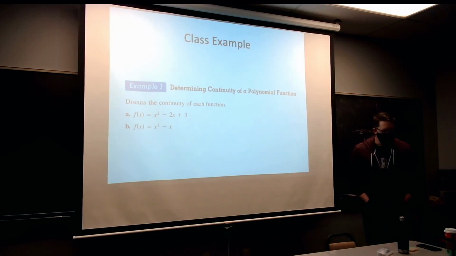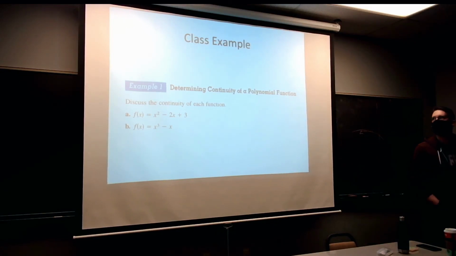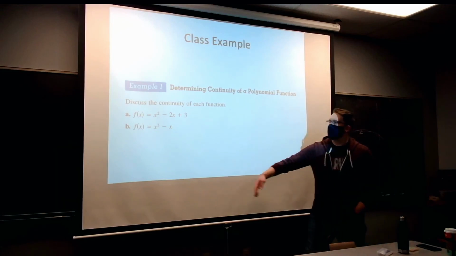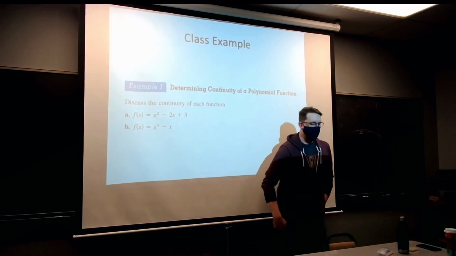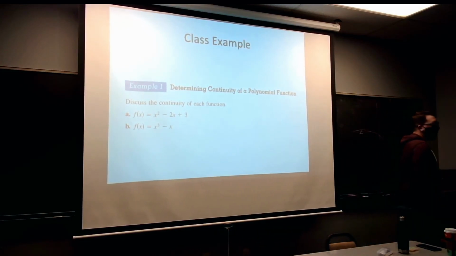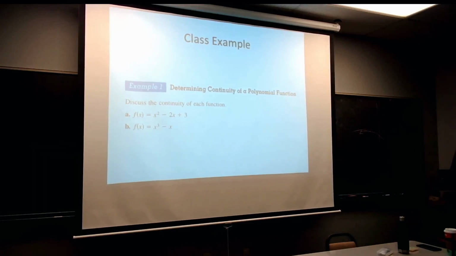Having said that, I think I'm going to go over this example and then let y'all go. Looking at just these two functions really quick, where do you think they're continuous and discontinuous at? Well, they're polynomials, right?